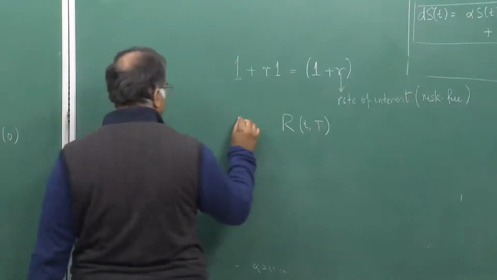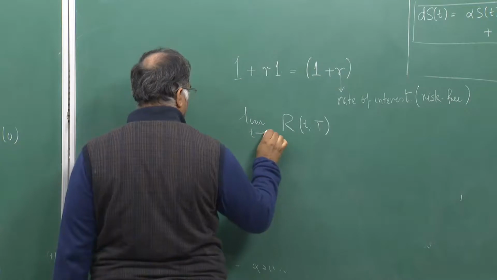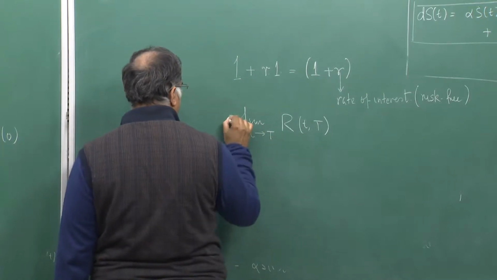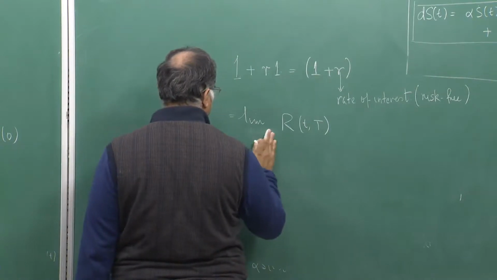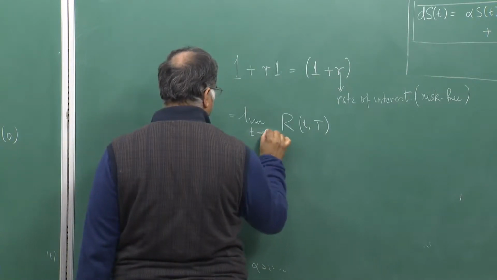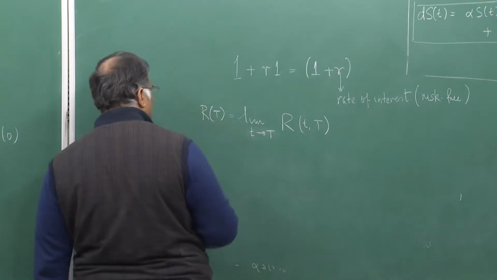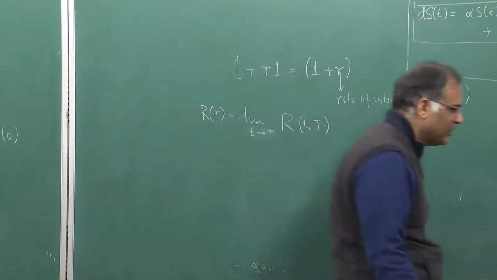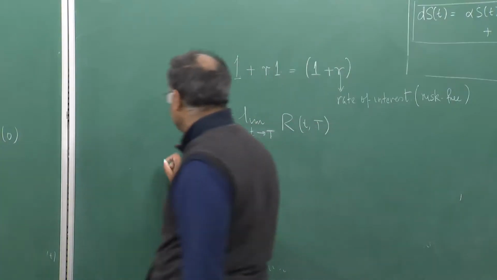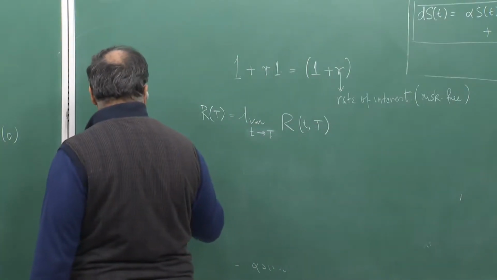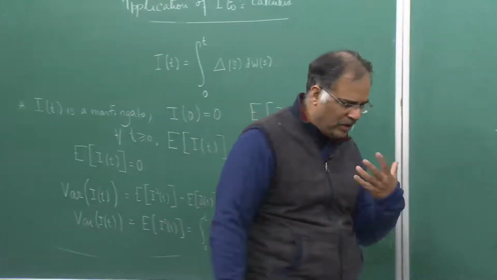Similarly, that is called the instantaneous rate of interest at the time capital T. So here r_t is the instantaneous rate of interest, sometimes called the short term interest rate.